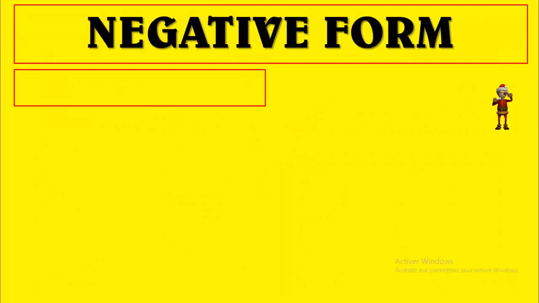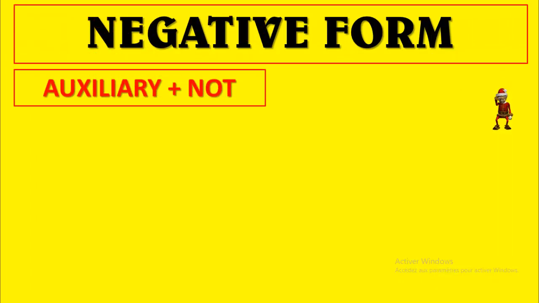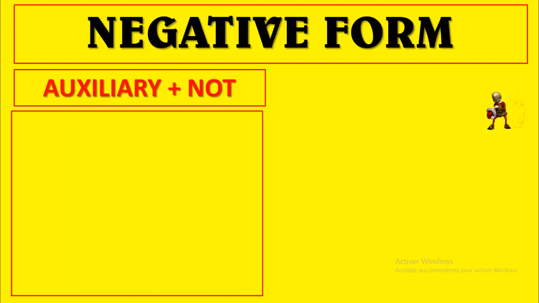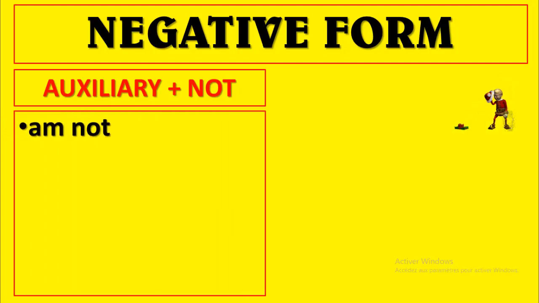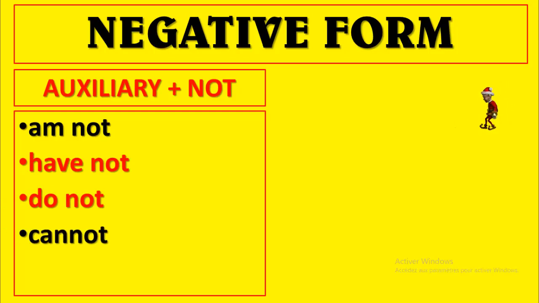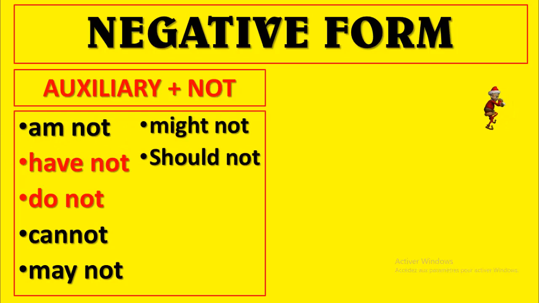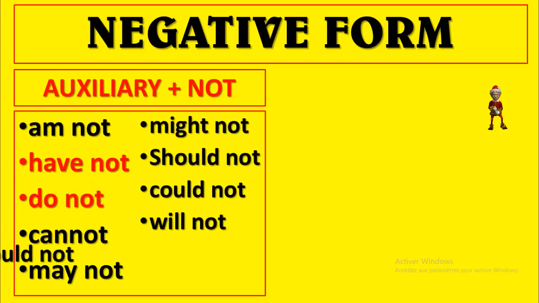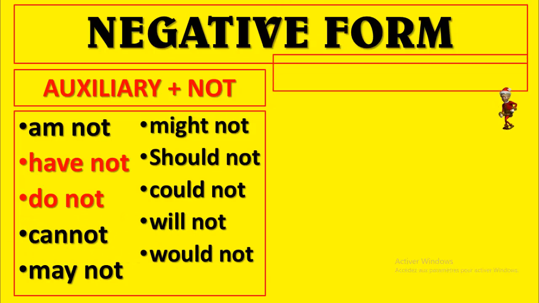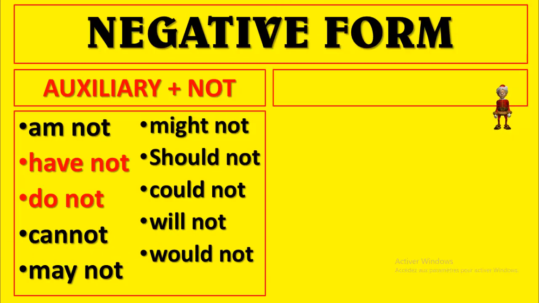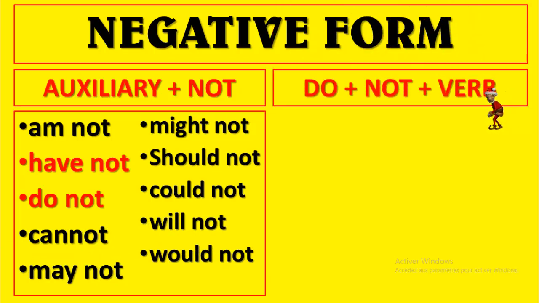In the negative form, look at here. Auxiliary plus not. Example, am not, have not, do not, cannot, may not, might not, should not, could not, will not, would not. And if it is the main verbs, do not plus verb.